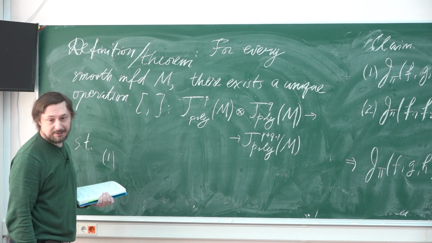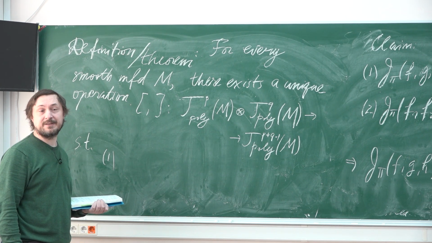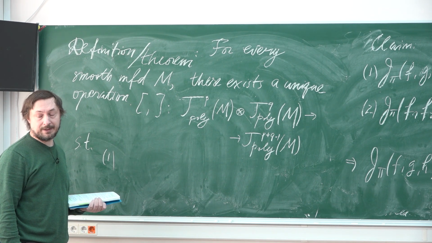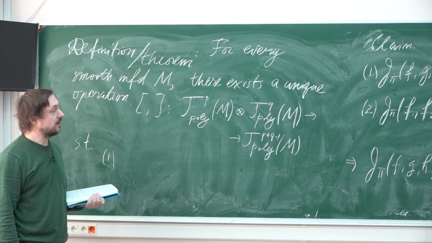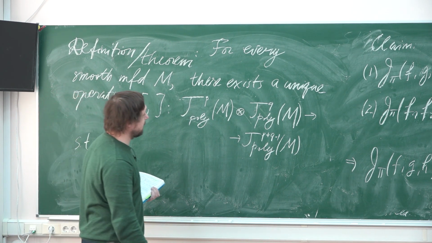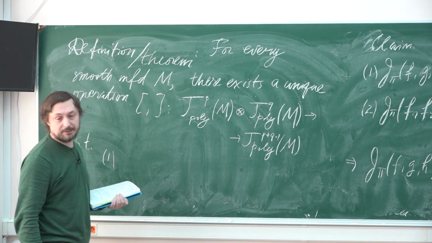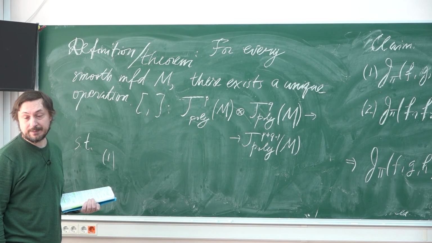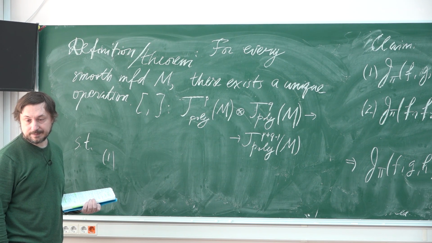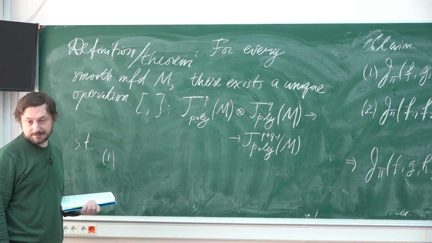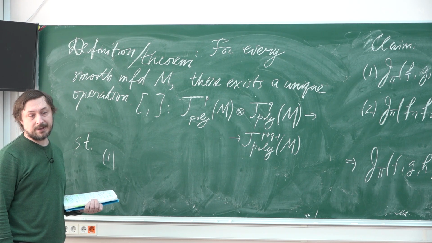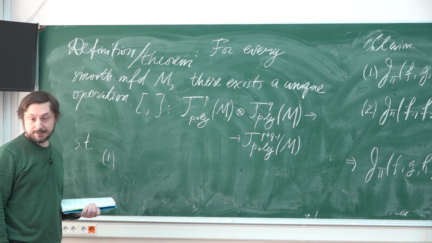If some of you have ever seen the definition of graded Lie algebras, then you would probably expect that the degree here would be equal to the sum of P and Q. This is not the case here, because this bracket is actually a degree minus 1 operation.